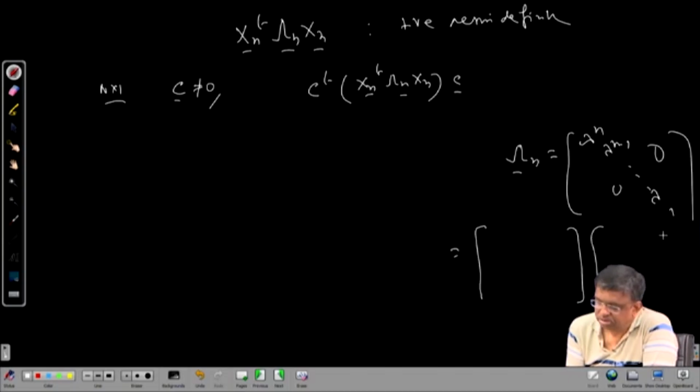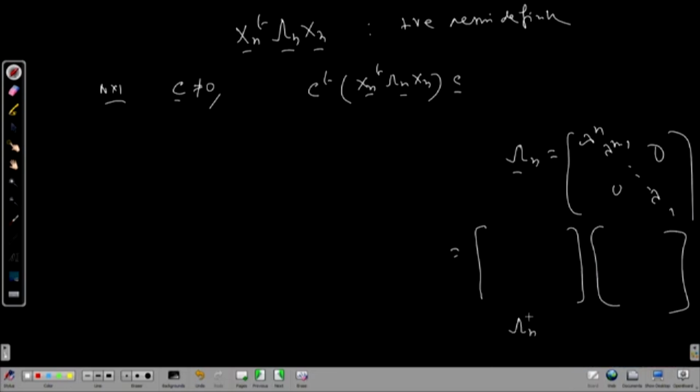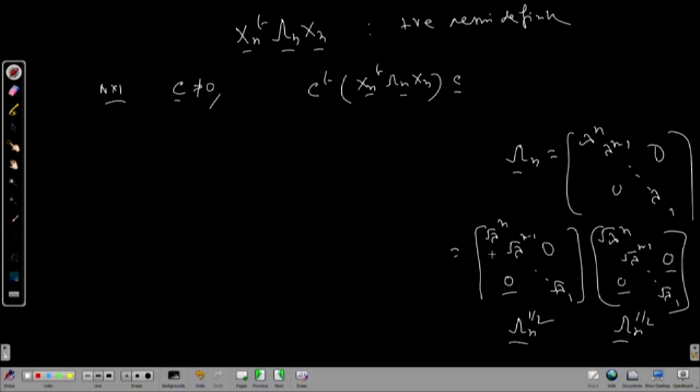So if I construct these two matrices, square root lambda to the power n, square root lambda to the power n minus 1, down to square root lambda 1, 0, 0, and again the same matrix, you can easily see that if you multiply these two, you get this.